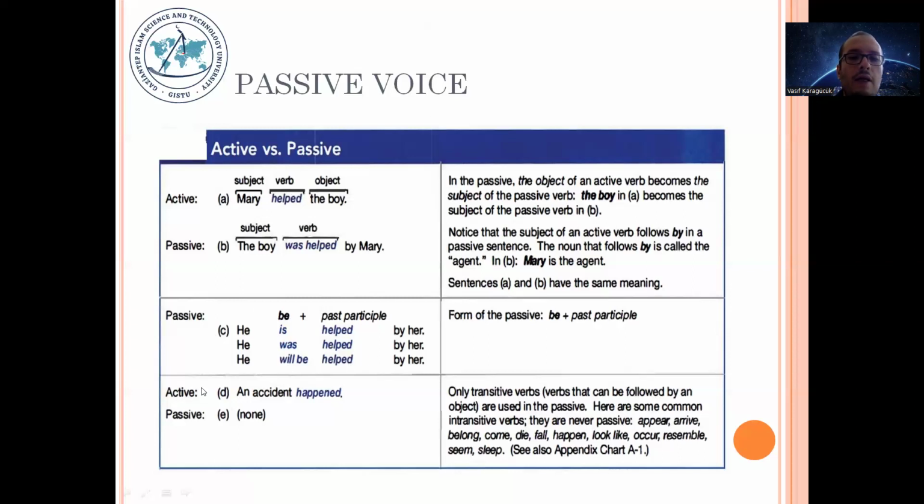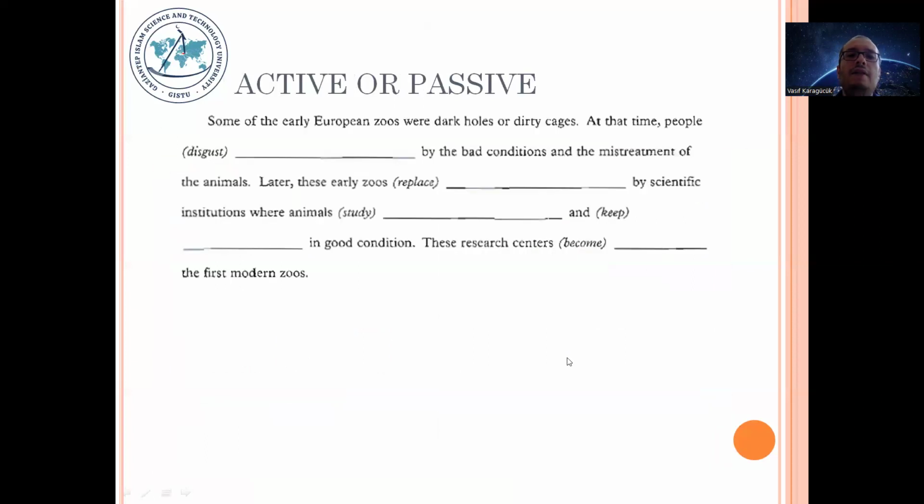And there are some verbs which are intransitive. In other words, they cannot take objects. So, with those verbs, we cannot produce passive sentences. Like appear, arrive, belong, come, die, fall, happen, look like, etc. Let's do some activities together.